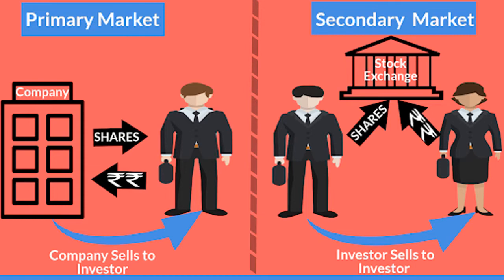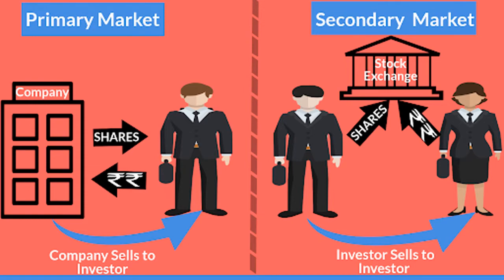Coming back to the basics, the primary market is the market where you are selling shares directly to the investor or to the broker, selling the shares for the first time. We're not talking about old shares, we're talking about new shares.